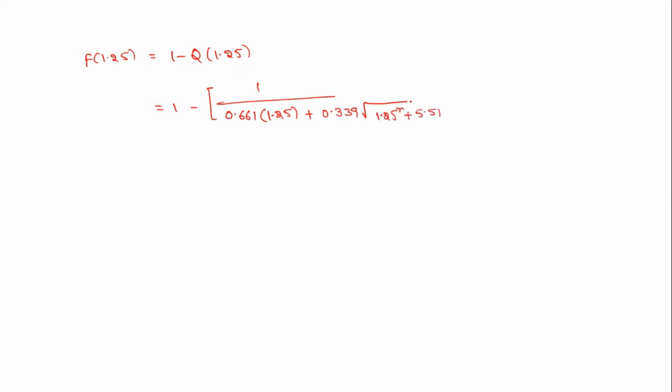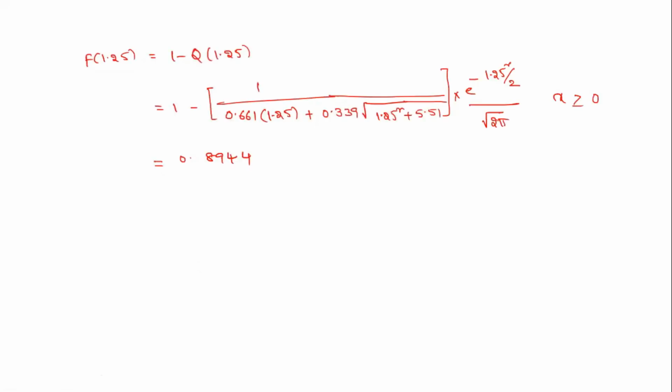You should remember this approximation equation to solve the problem. Into e power minus x square, that is 1.25 square by 2, divided by root 2 pi, and this is valid only when x is greater than or equal to 0. Here the x value is 1.25, so it is automatically greater than or equal to 0, so you can use this approximation without any doubt.